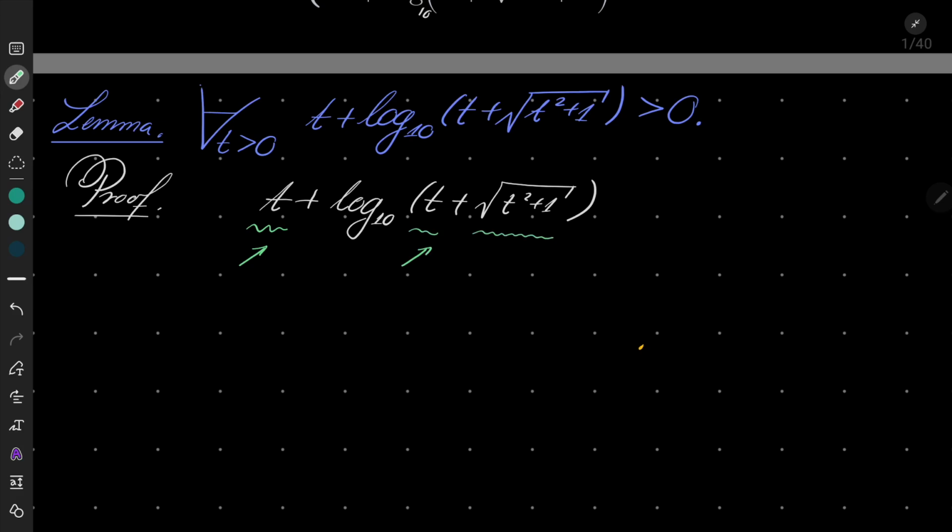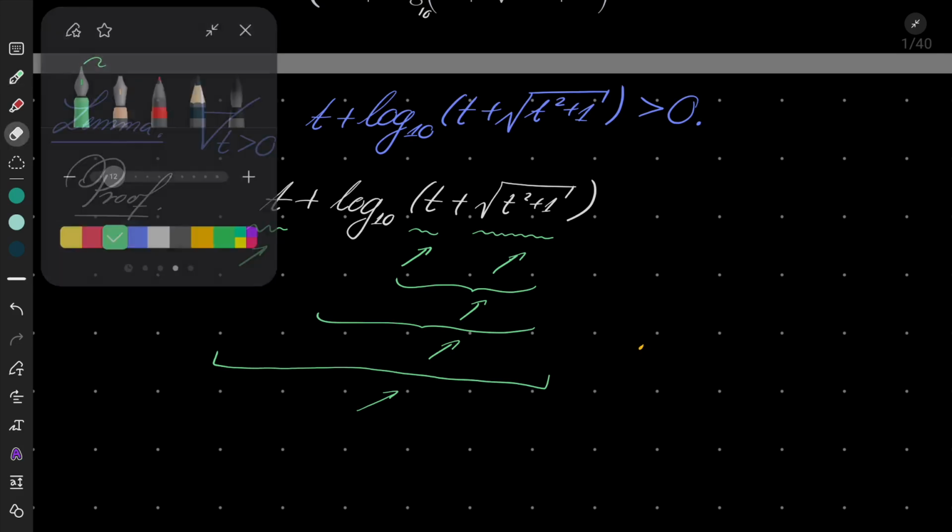Since t is positive, t squared is increasing. t squared plus 1 is again increasing, and the square root of an increasing function is again increasing. The sum of two increasing functions is again increasing. We know that the decimal logarithm, and in fact every logarithm with base greater than 1, is also increasing. So this thing is also increasing, and finally the whole thing is increasing, because the sum of two increasing functions is again increasing.